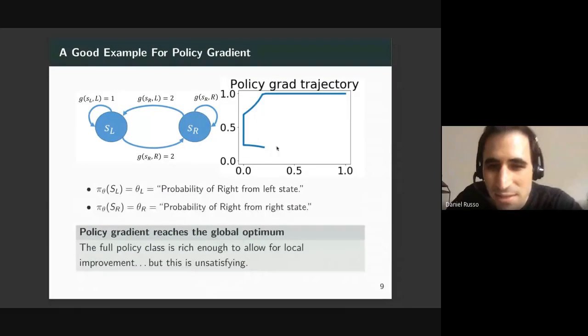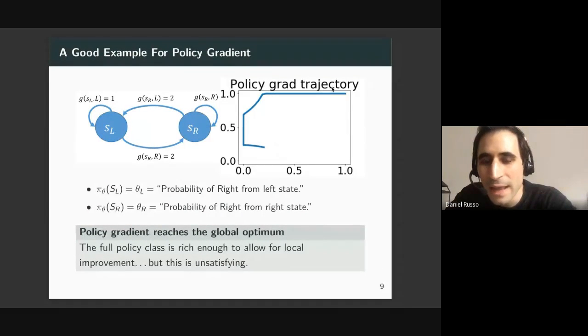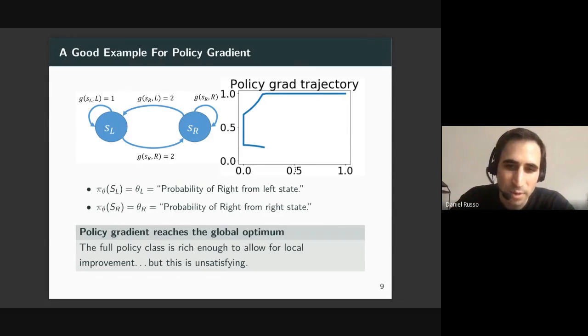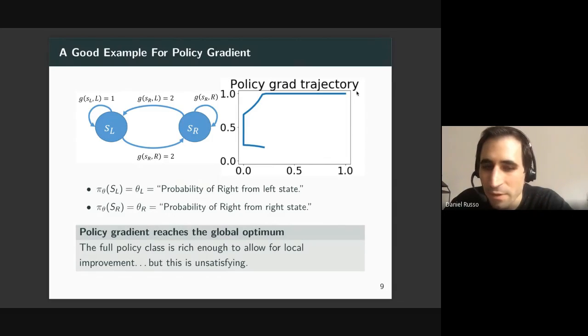You can also see that it's non-convex by looking at the trajectory that policy gradient takes. So here on the x-axis, I am showing the theta L parameter, and on the vertical axis, I'm showing the theta R parameter. You can see that policy gradient converges to the optimum, but does so through a very strange path.